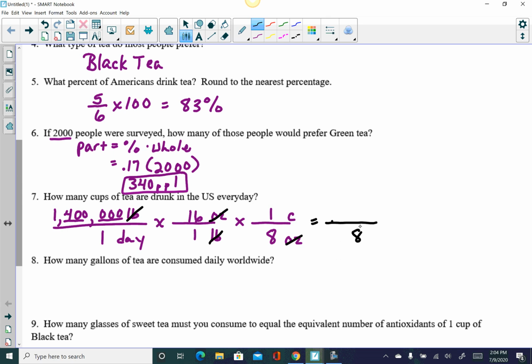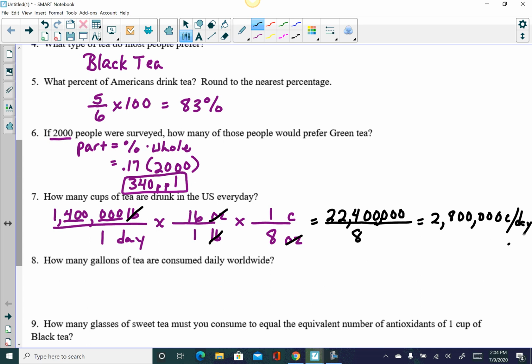Up top, you will get 22,400,000. Take that number, divide by 8, and we would get 2,800,000 cups per day. Okay.